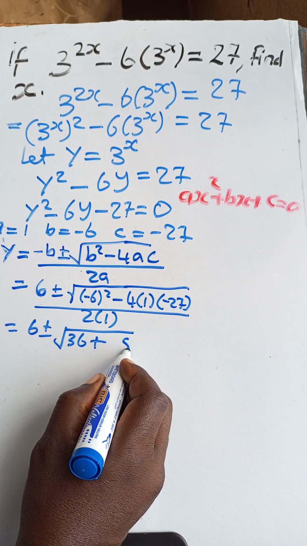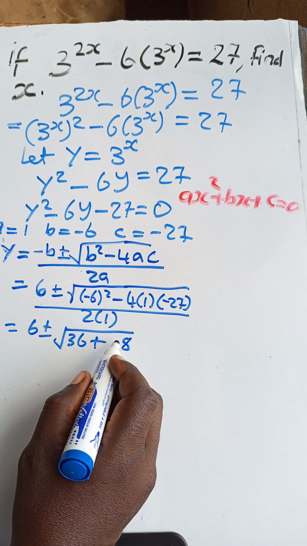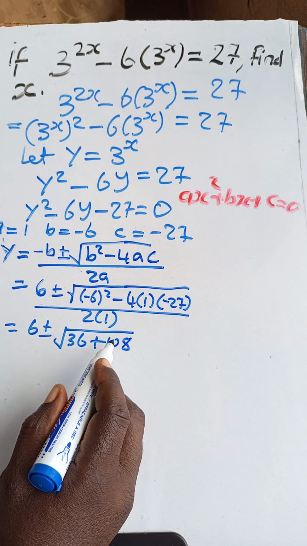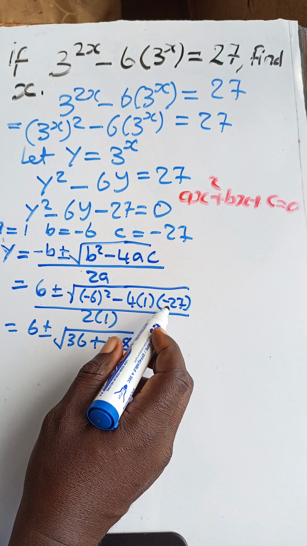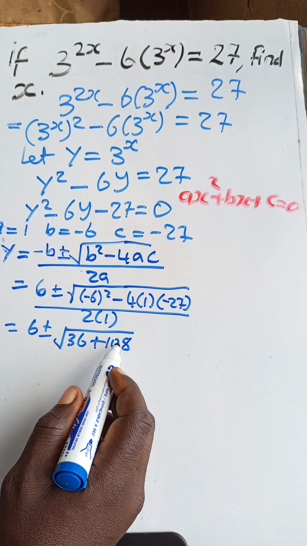4 multiplied by 27 is 108. 4 multiplied by 7 is 28, carry 2. 4 multiplied by 2 is 8, plus the 2 is 10.